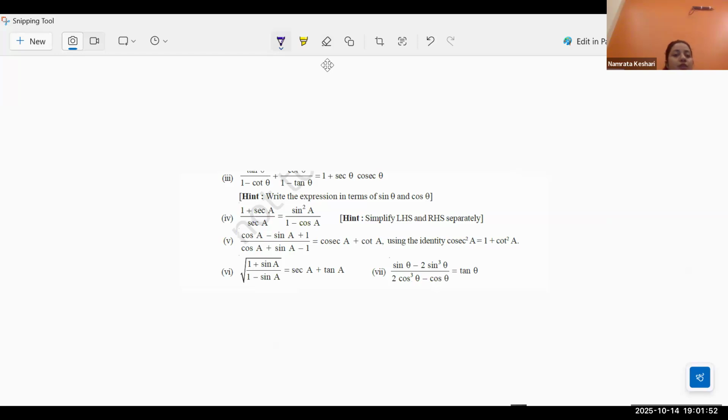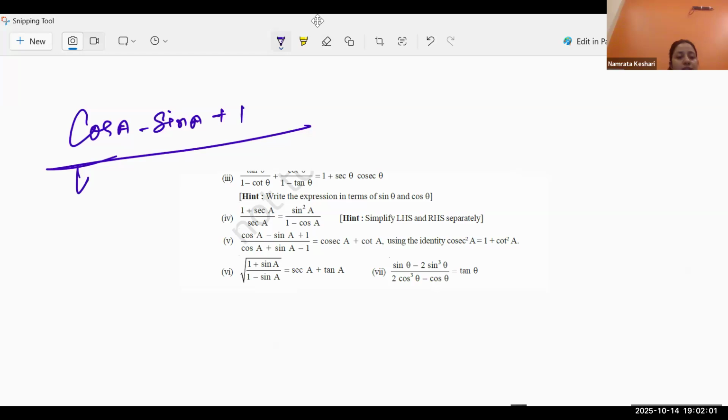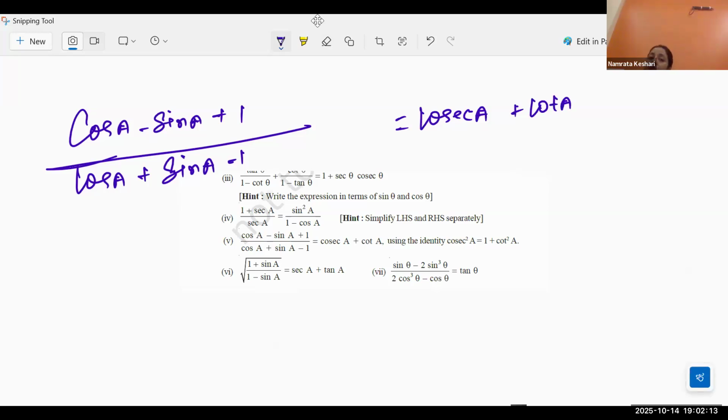In this question you have cos A minus sin A plus 1 by cos A plus sin A minus 1, and the other side is cosec A plus cot A. Exactly like this. One more question like this is there in the example part.